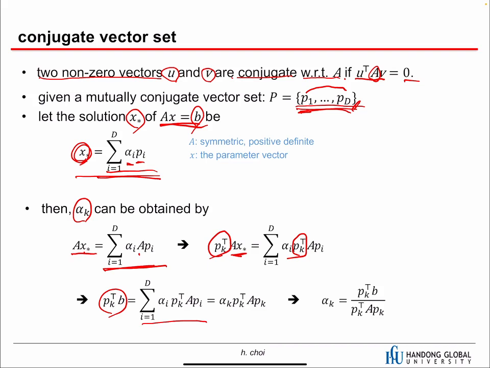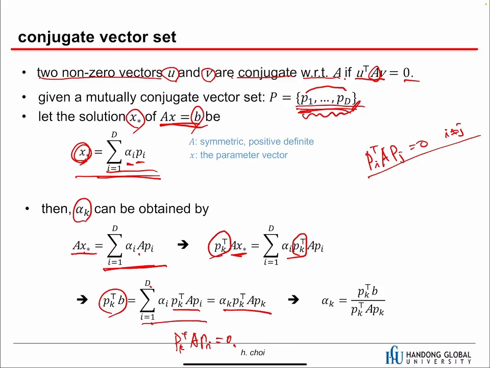And now we have to use these conjugate vectors. Since these are conjugate vectors, p sub i transpose A p sub j should be 0 when i is not j. This is the definition of these conjugate vectors. So in this case, i goes from 1 to d, but all the other p sub k transpose A p sub i will be 0 except this one.